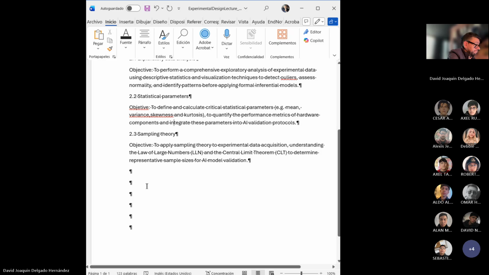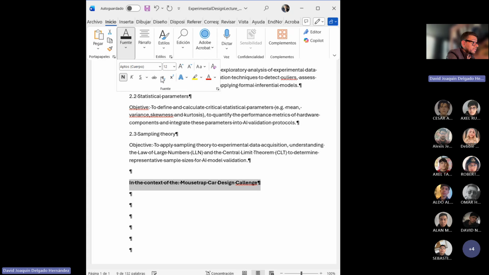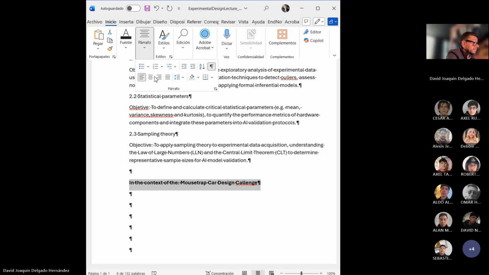So, in the context of the mousetrap car design challenge, do you remember? The point is that you are not just designing a car.